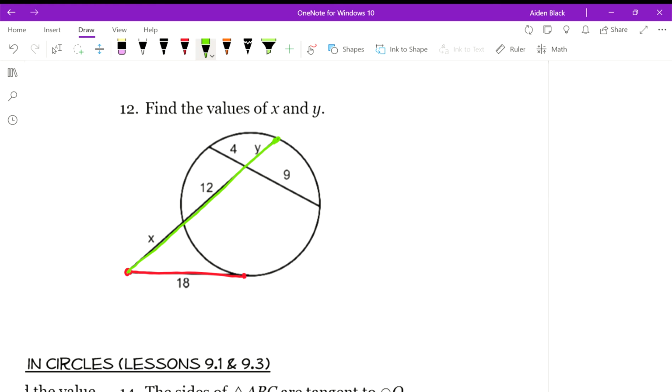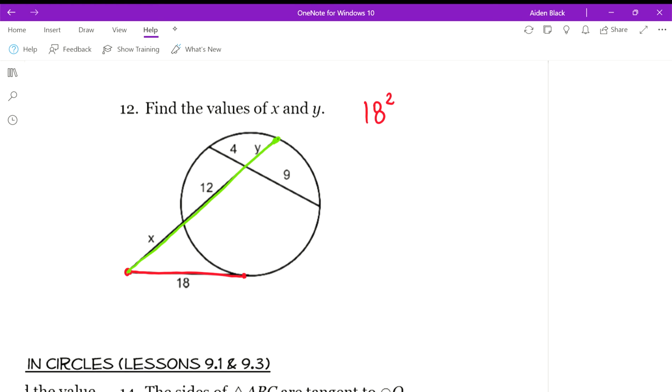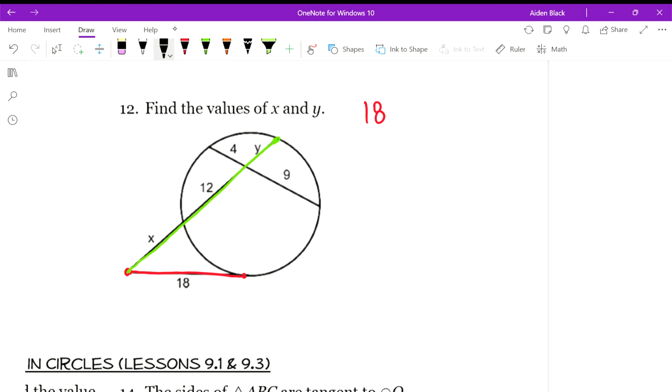So I'll set that equation up first since I just drew these out. We know that 18 squared is equal to x, so that's the external part of this green secant, times the entire secant, which is x plus 12 plus y.